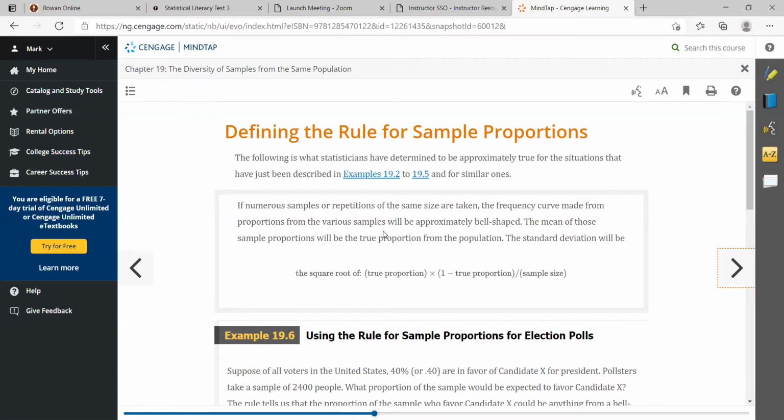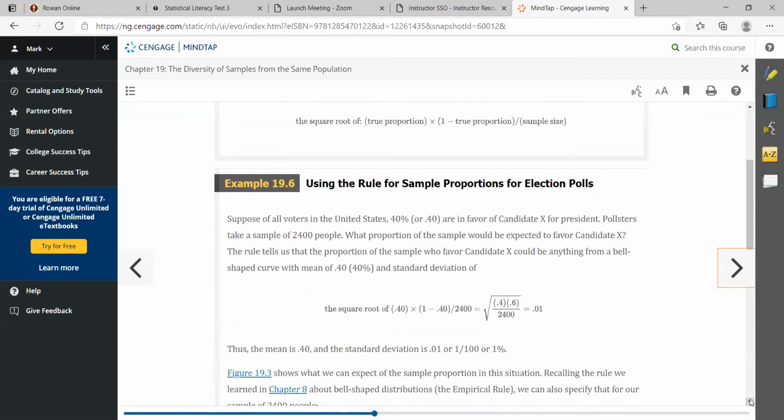If we listed all of them in a graph, like a histogram, and drew a curve, we would come up with a frequency curve. It would look bell-shaped, probably. And the standard deviation of this curve is this formula here: the square root of the true proportion times 1 minus the true proportion, divided by the sample size.